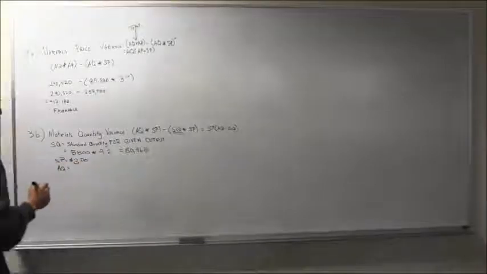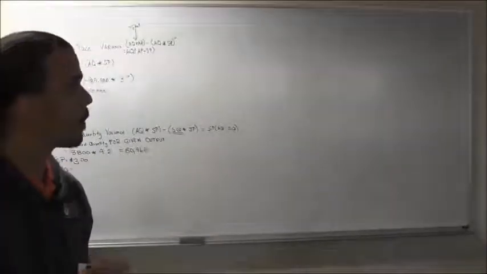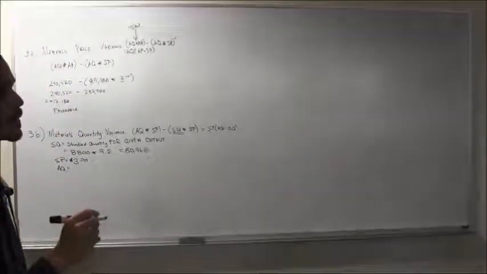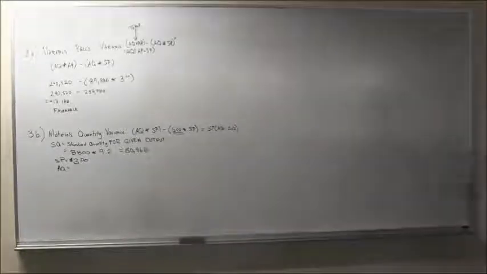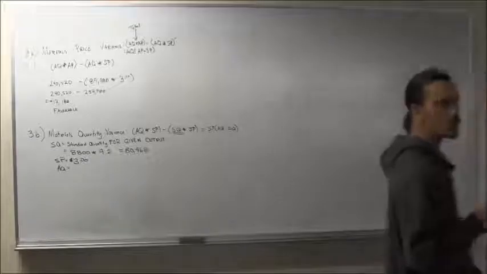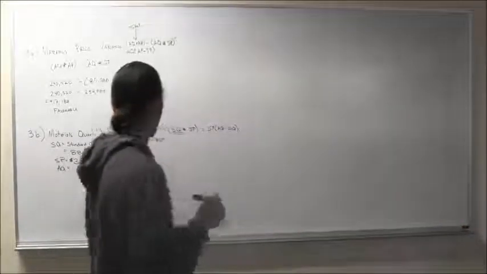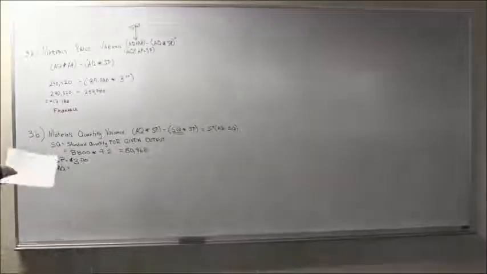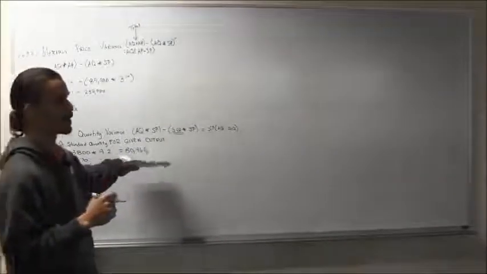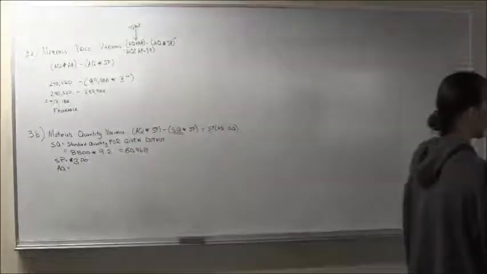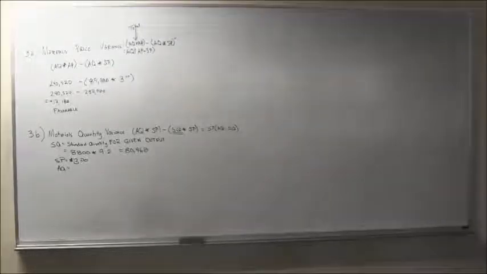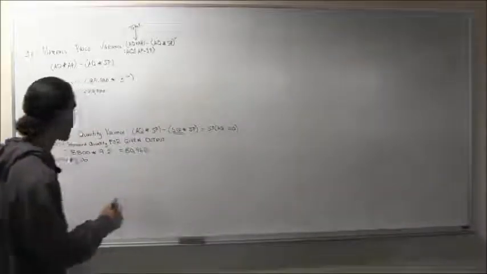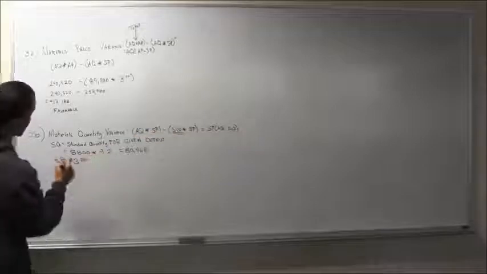Actual quantity used in production. How many direct materials did we use in production? 9.2 times 8,800 is a standard that we came up with. The question is, what is the actual quantity that we used? 78,150. Raw materials used in production. We're using the numbers for production as opposed to the ones for purchases. So the actual quantity we used is 78,150.